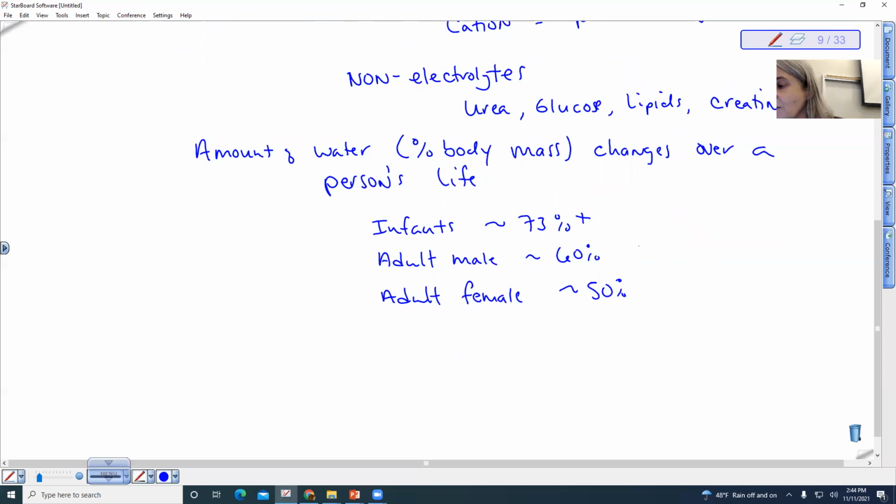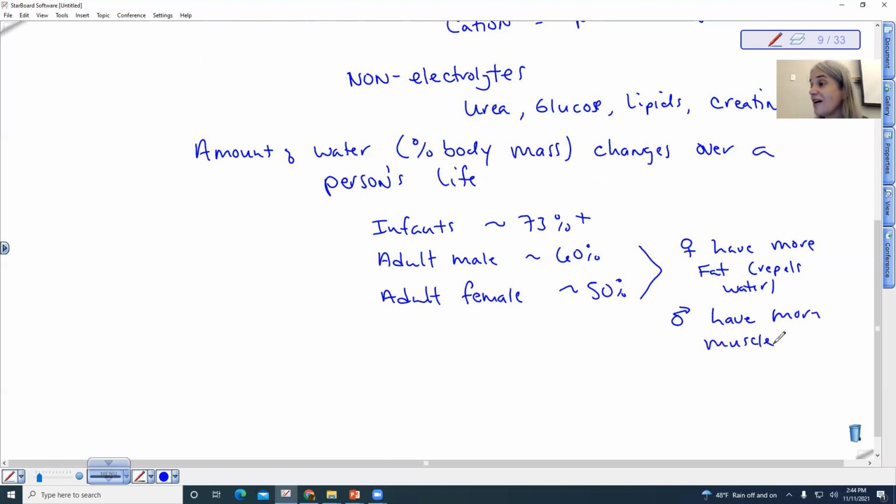So the reason why we have this difference is that females have more fats, which repel water, and males have more muscle, and that has a lot of water in it.